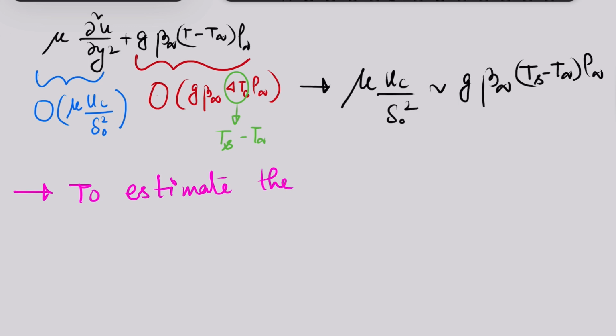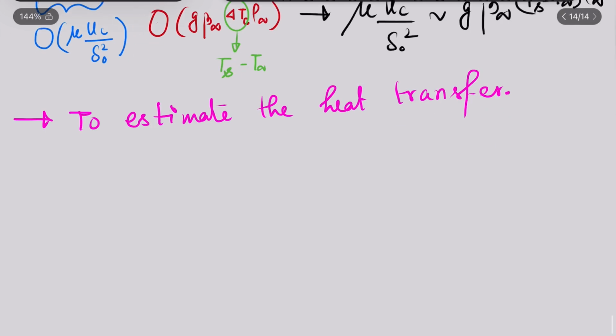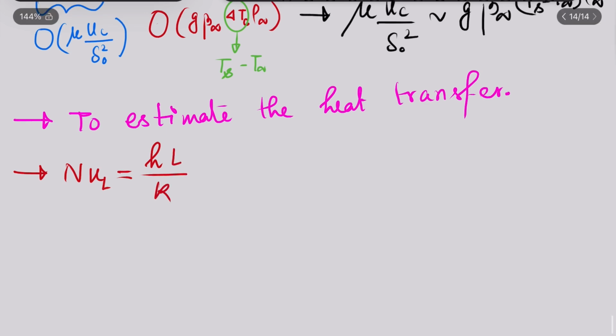the heat transfer, and as I assume that you have already gone through the forced convection courses, then you must be knowing what the Nusselt number is. So this Nusselt number is nothing but, okay, Nu L based on a characteristic length L, hL by k, and this k is k of fluid, right?